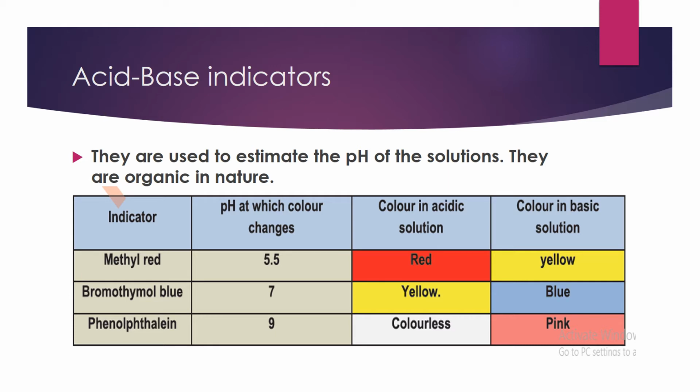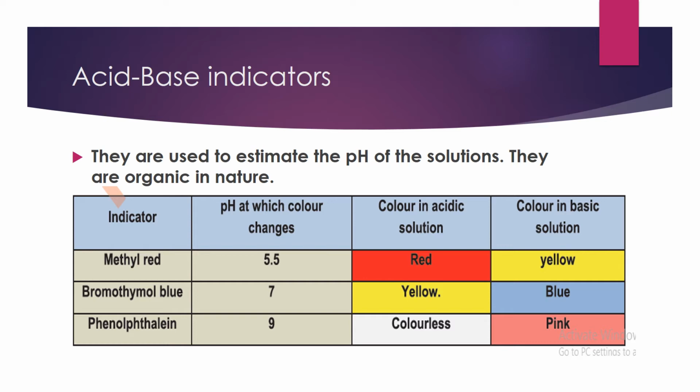Here three examples are given for your understanding. The first one is methyl red. At pH 5.5 it changes its color. In an acidic solution it will develop a red color, and in a basic solution it will produce a yellow color. The second example is bromothymol blue.